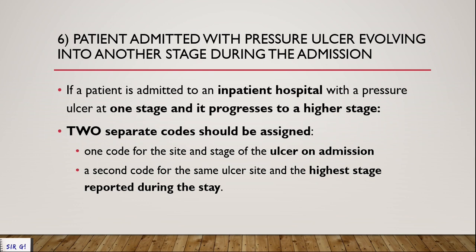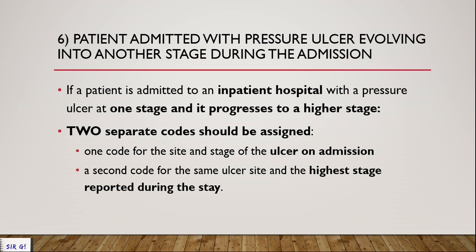I need to be clear with the highest stage reported during the stay. For example, the patient is admitted at stage 1. So that should be your first code, because that is your stage 1. And then it evolves to stage 2, stage 3, and before the patient is discharged, the highest stage achieved is stage 3.